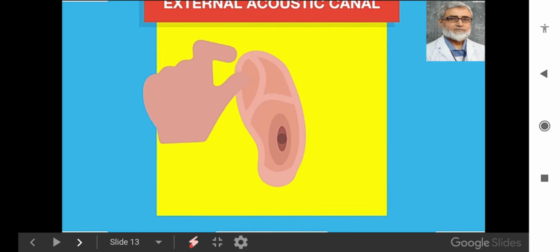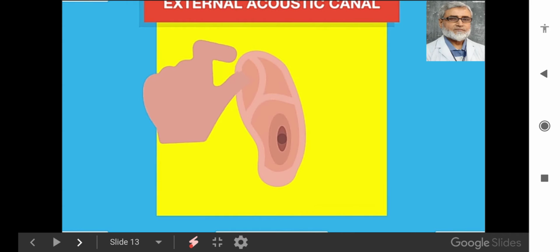It becomes difficult to examine and see the recess, any lodged foreign body, or any changes or injury to the tympanic membrane clearly, because this tube is tortuous.